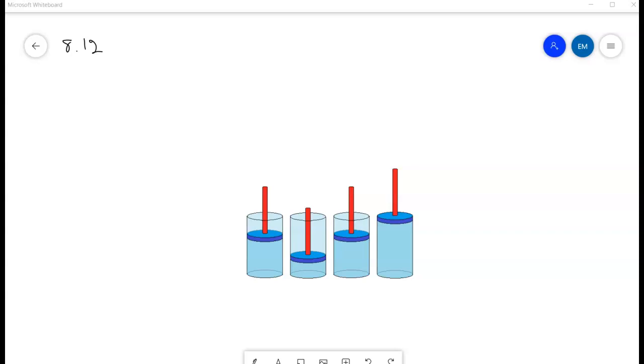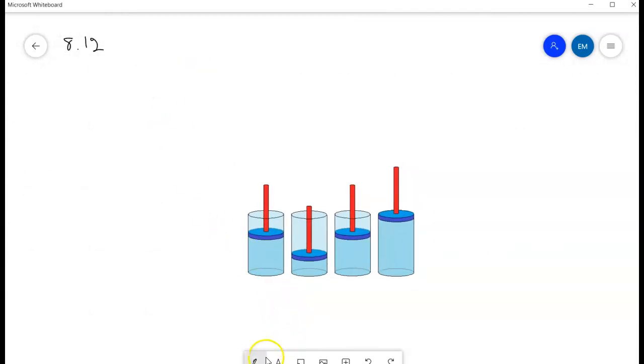Now, 812 gives you balloons, but it doesn't really matter. It's different volumes. A balloon is filled with helium gas. Which of the following changes are made with no change in temperature?